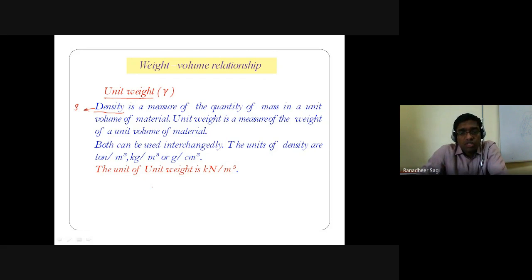So the units of your density are represented in terms of tons per meter cube, or kg per meter cube, or gram per centimeter cube, and so on. In case you are talking about the unit weight, the units of your unit weight are nothing but kilonewton per meter cube or newton per meter cube, and so on.